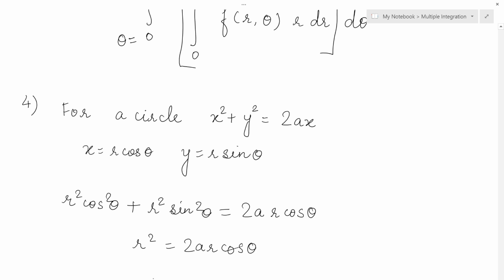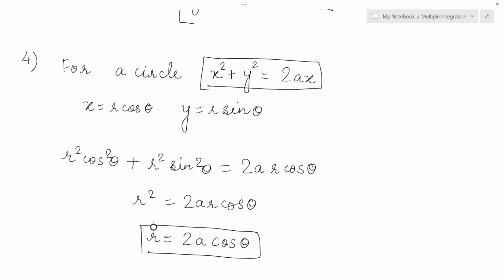Now r and r will get cancelled, so the value of r is 2a cos theta. Right? So this circle in Cartesian coordinates is called r equal to 2a cos theta in polar coordinates. So this curve and this curve will be same anyway. So let us draw this curve now.